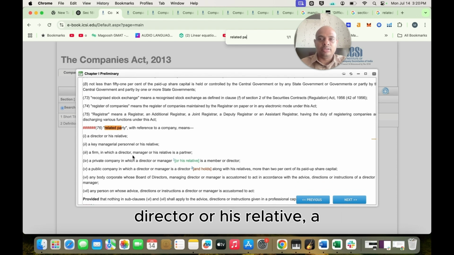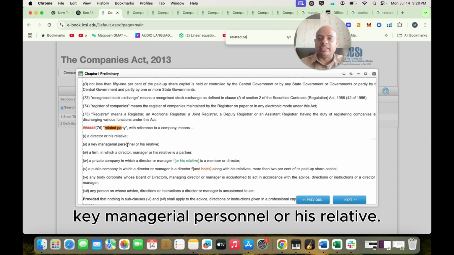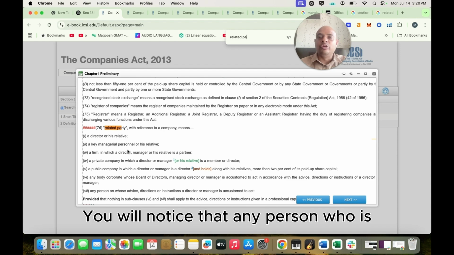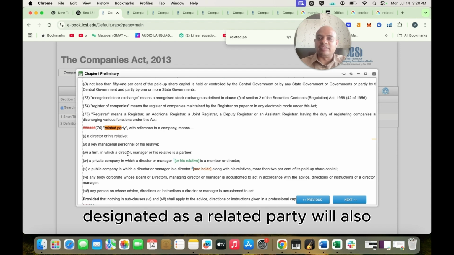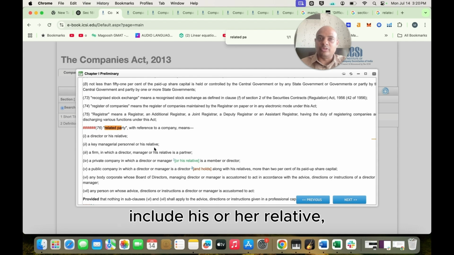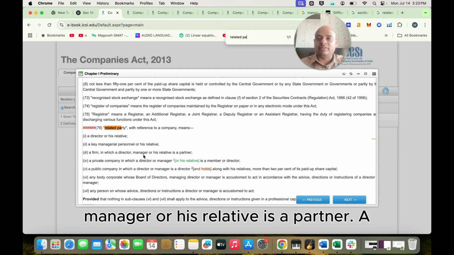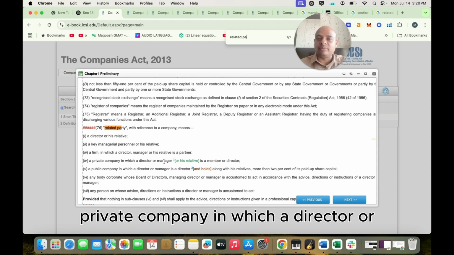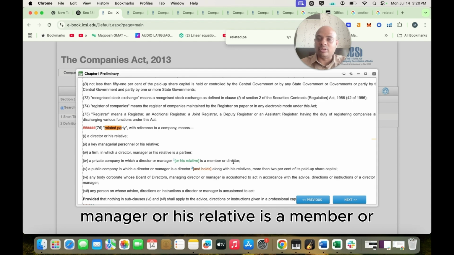So a director or his relative, a key managerial personnel or his relative. You will notice that any person who's designated as a related party will also include his or her relative, right? A firm in which a director, manager or his relative is a partner. A private company in which a director or manager or his relative is a member or director.